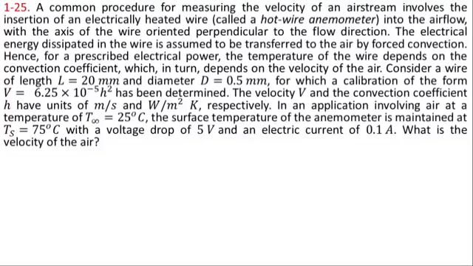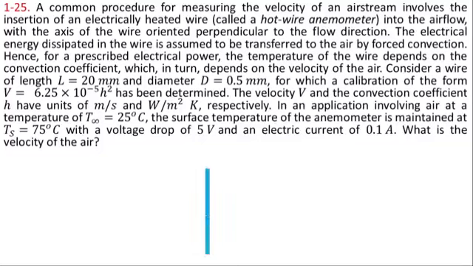The air temperature is 25 degrees centigrade and the surface temperature of the anemometer is maintained at 75 degrees centigrade. The velocity and h are related, and it is found through calibration that velocity is 6.25 × 10^-5 times h², where h is the convective heat transfer coefficient. We have to find the velocity of the air flowing over the anemometer.